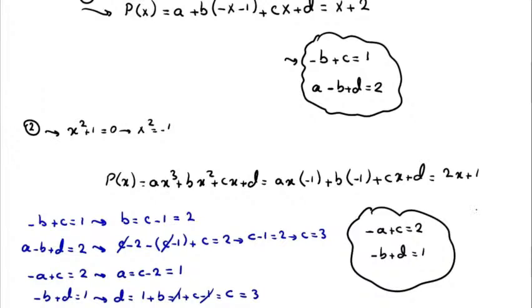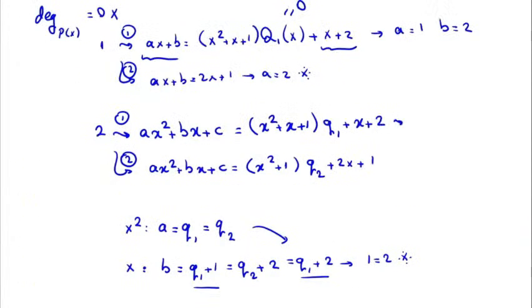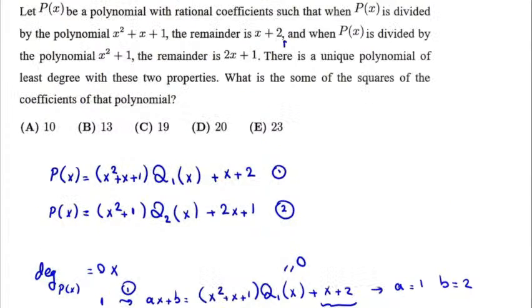So a, b, c, d. a is what? a is 1. b is what? b is 2. c is what? c is 3. d is what? d is 3. So we found all these 4 numbers and they satisfy the assumptions of the problem. The problem wants what?